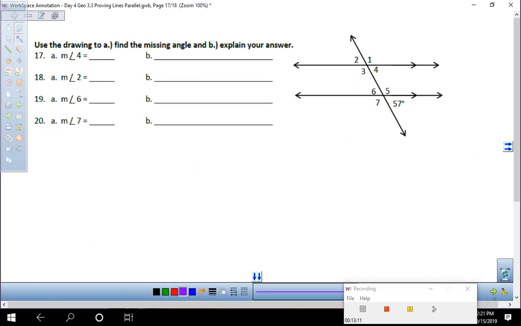Alright, next, another kind of review problem. We've done a few like these already. They're starting you with angle 57 down here, and they're not asking you to find all of them, just some of them. So first one they want me to find is angle 4. Well, angle 4 and angle 57 are in the same spot, so I know those are going to be corresponding.